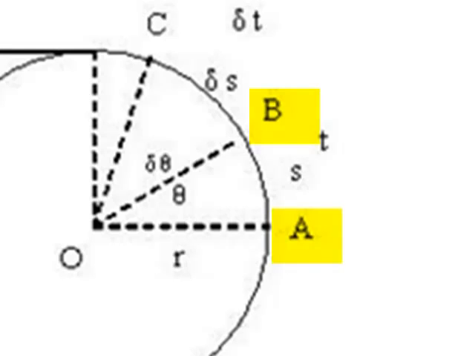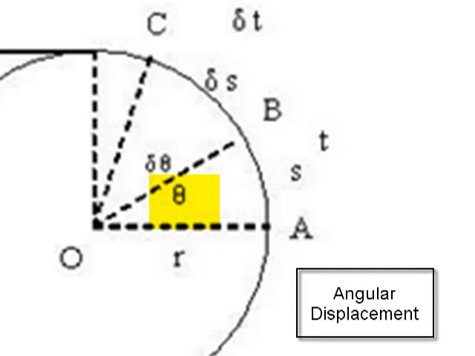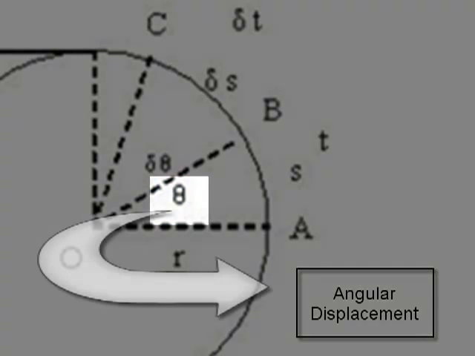When the body moves from A to B, it inscribes arc S in time t and subtends angle theta at O. Then the angle subtended by the position vector or the radius vector in the given time at the center of the circular path or at the origin of the coordinate system is called angular displacement.